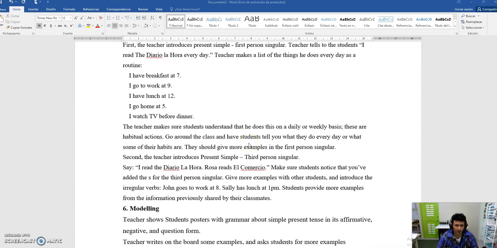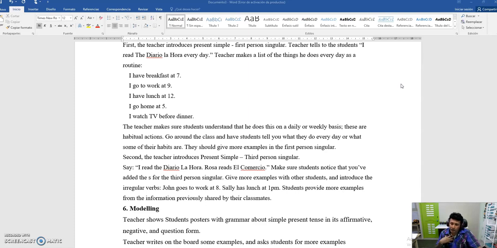I can use all these questions. And I will make sure the students understand what I'm doing, not only in the day but in a week, about my habitual actions.